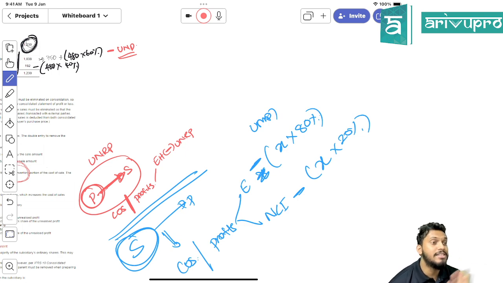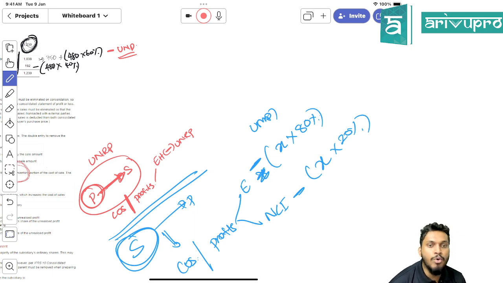If subsidiary is selling, cost of sales also you need to deduct it. But when you are going to distribute or deduct the profits, parent's portion needs to be deducted from parent's equity, and subsidiary's portion needs to be deducted at subsidiary. So that is the only split that you need to do there.